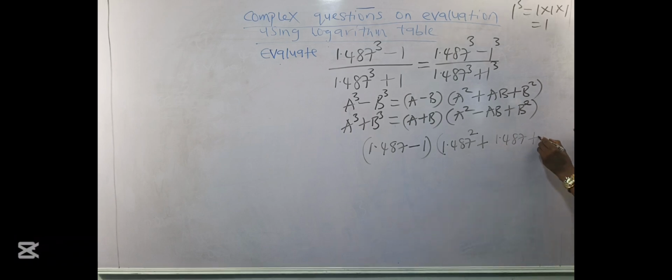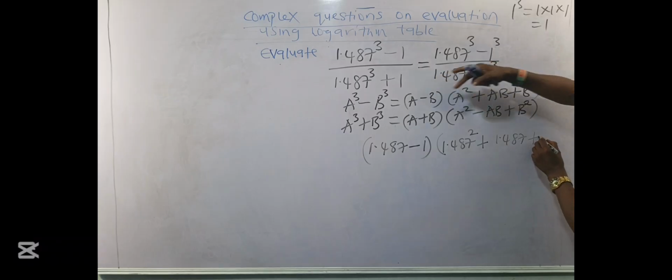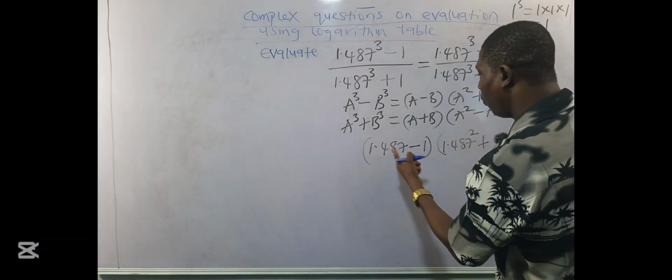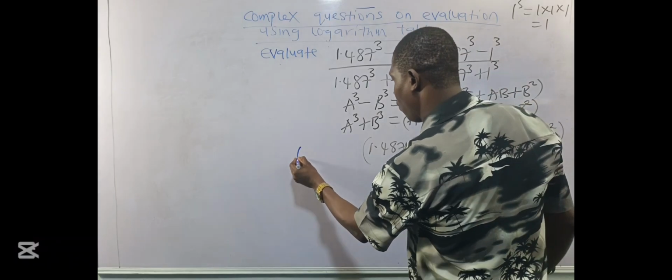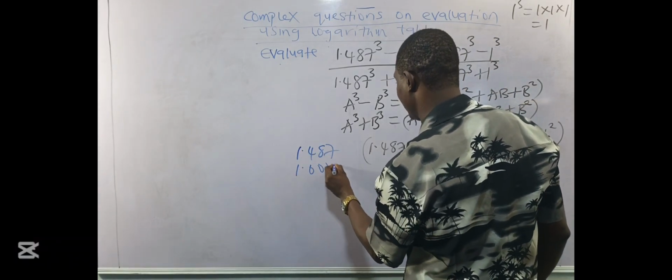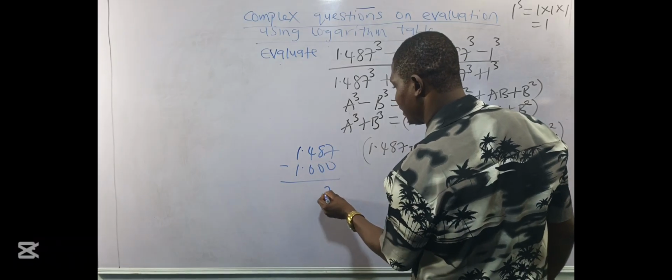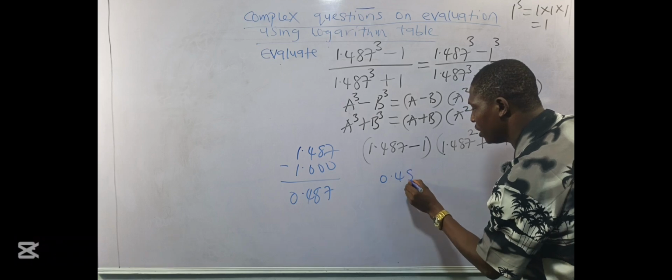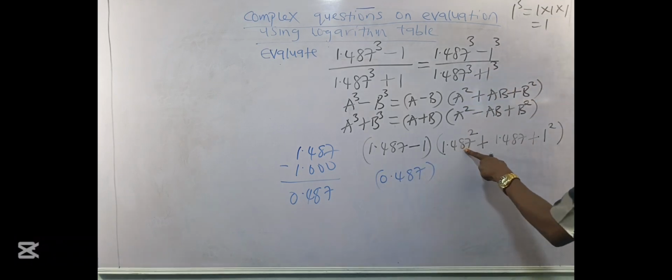So I have plus the value of B. B is 1 here. So it becomes 1 square. And if I solve this, I'm going to have 1.487 minus 1.000. Subtraction, this will give me 0.487.